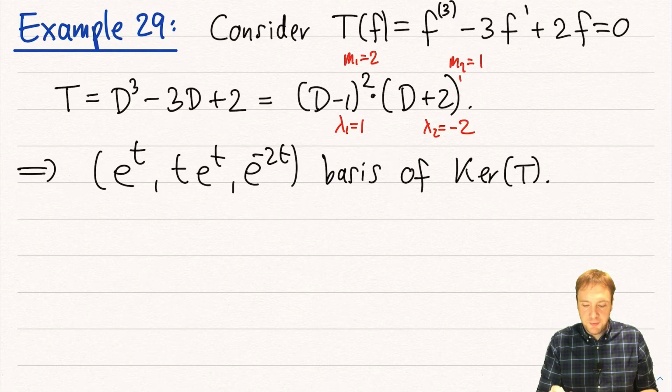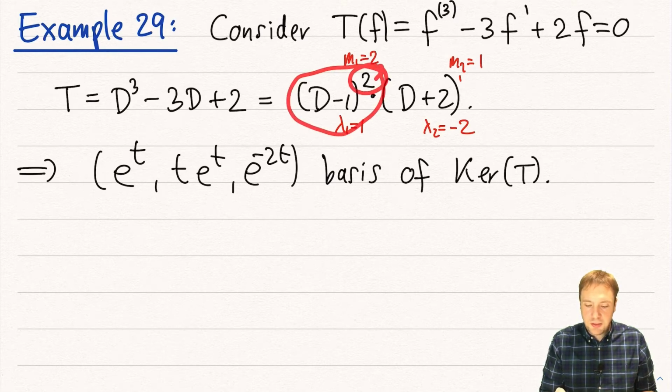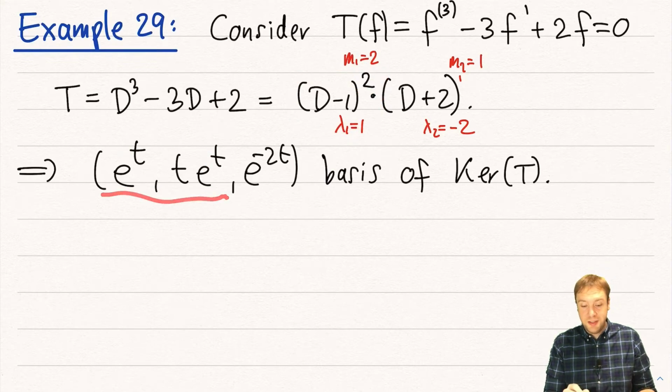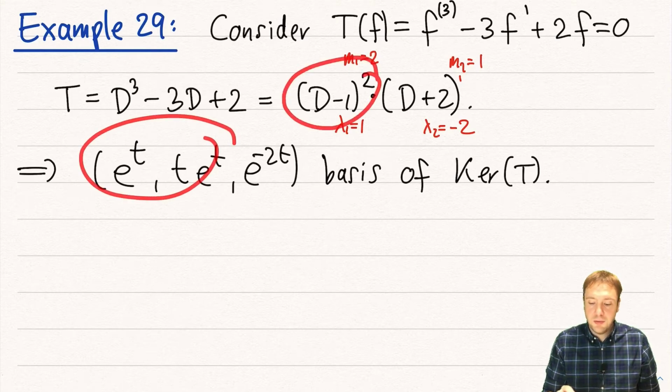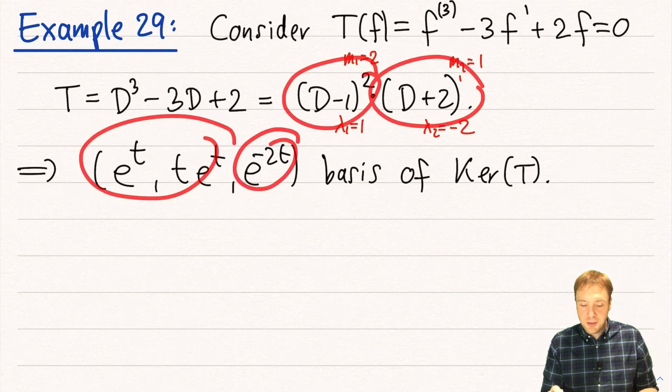And then the statement by the theorem is that for this term, we get two linearly independent functions given by e to the lambda 1 times t and t times e to the lambda 1 times t. So this comes from this factor, and for this we get this one function here.